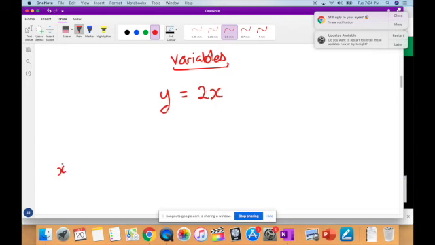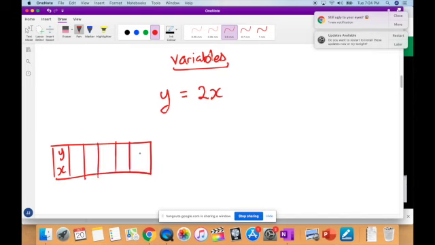We write X, we write Y, we draw a little table. And then we start to input values of X. When X is 1, Y is 2. So this is the output. Usually the output is the thing that you want to find.